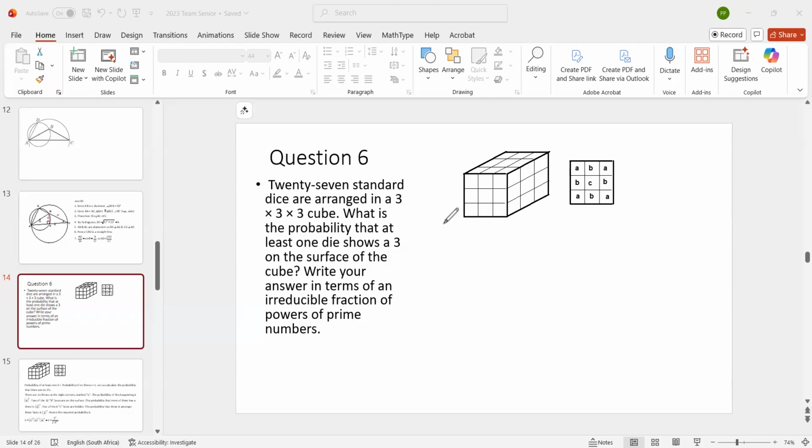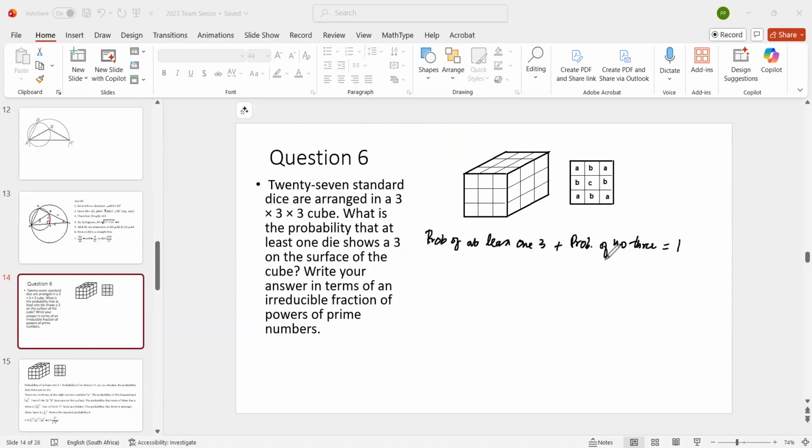Okay, so you got the probability of at least one 3 plus the probability of no 3 is equal to 1.